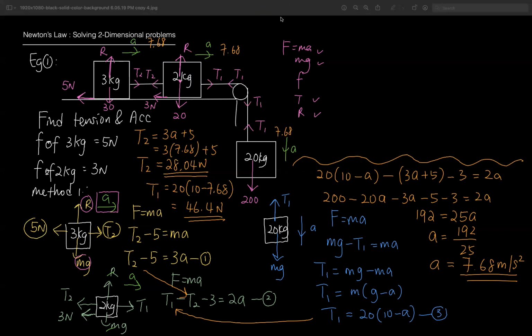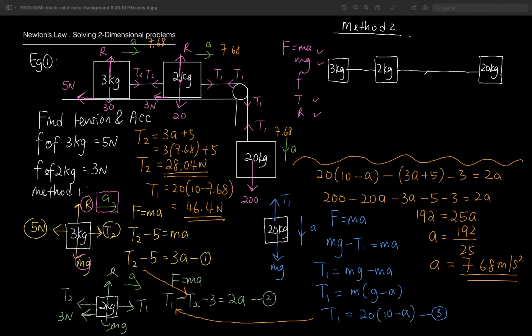Okay, what about method 2? Alternatively, you can solve this one by looking at the system as a whole instead of looking at one body, one body, one body. So this system, I can imagine it like this. 3 kg, 3 kg, and then 2 kg, and then connected to this one, 20 kg.